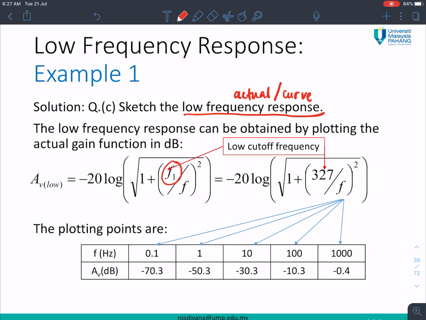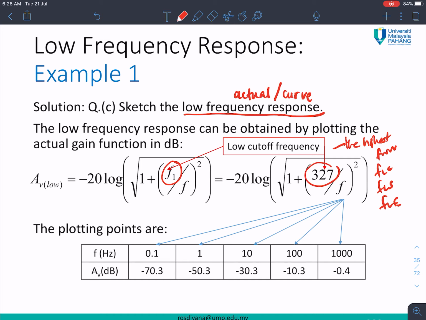For this one, you only choose one frequency, which is the cut-off frequency, the highest one from FLC, FLS, and FLE. That one will become the cut-off frequency, and we only calculate once.